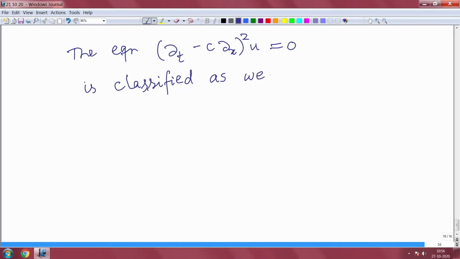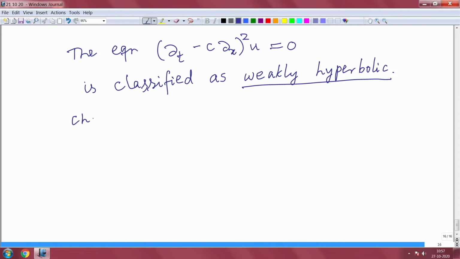So, perhaps you are hearing this class of equations for the first time. I will give you two reasons why this equation should not be classified as parabolic. The first reason is, consider the characteristic variable.